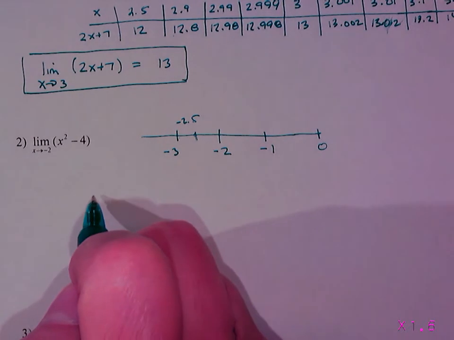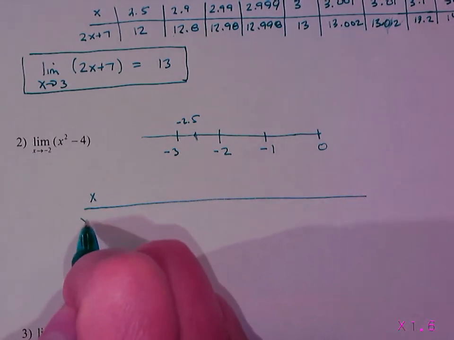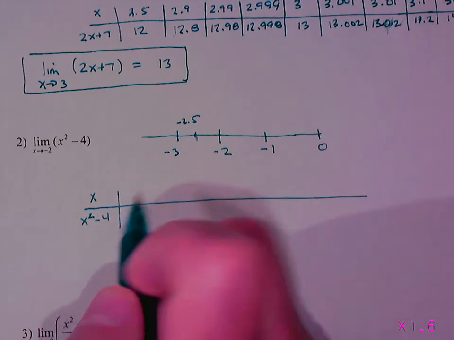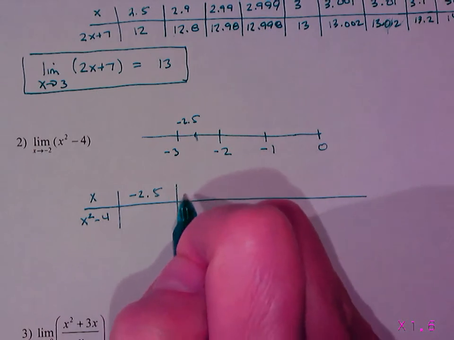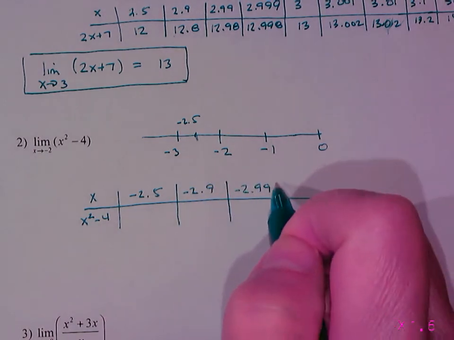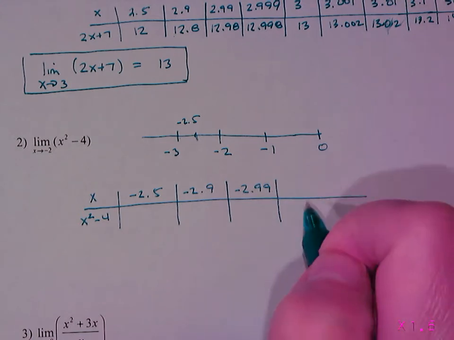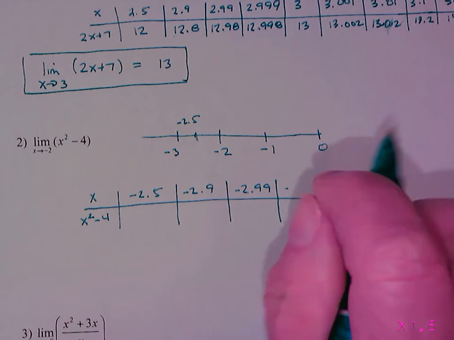So when I start my table, I'm going to choose -2.5, and then I'm just going to go ahead and jump to -2.9, -2.99. I'm going to go to negative, oh, I'm sorry, I have that wrong.